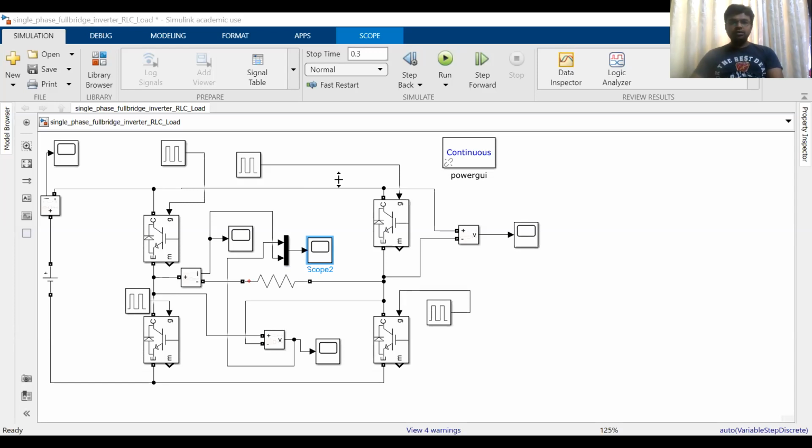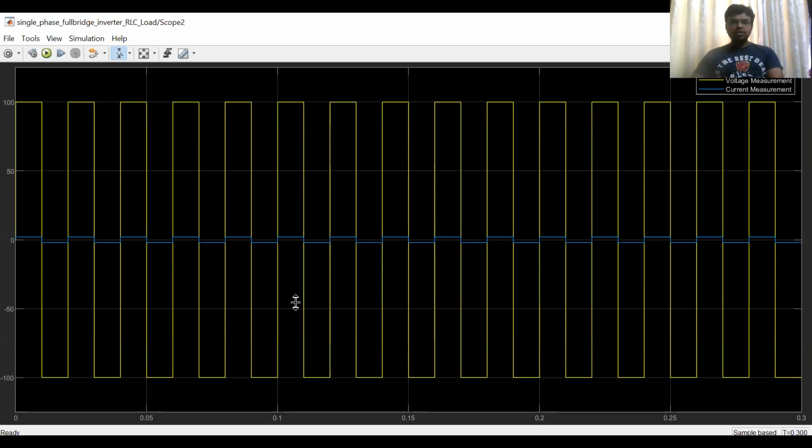See here, whatever the voltage shape is there, the same shape is obtained. So voltage and current both are in same phase, we can say. This is the voltage measurement and this is the current measurement. Both are same. So that is the thing.